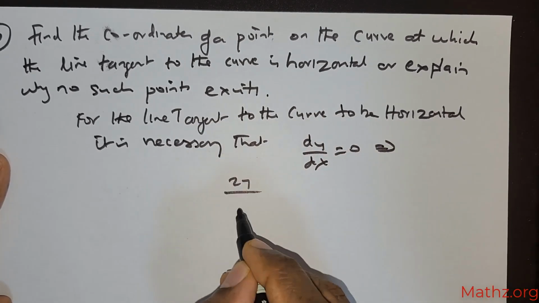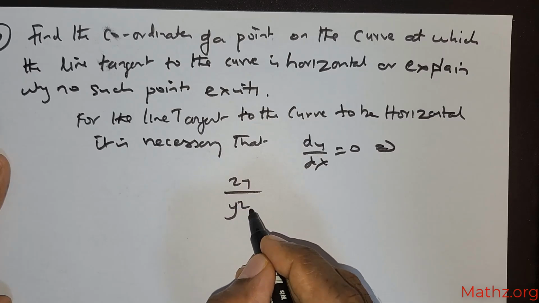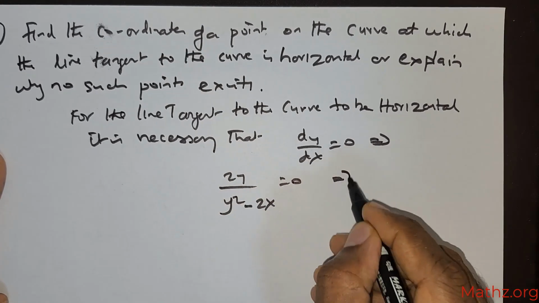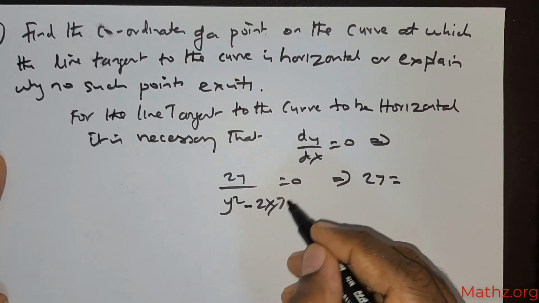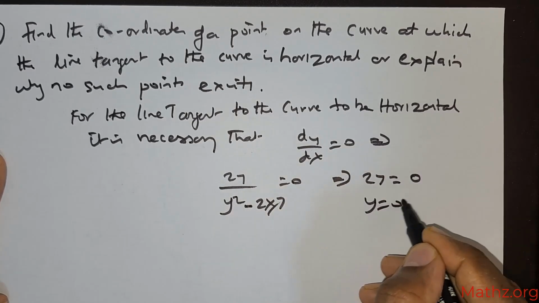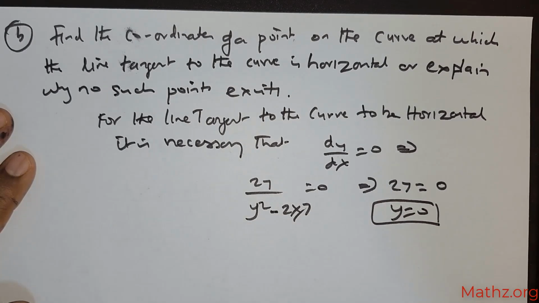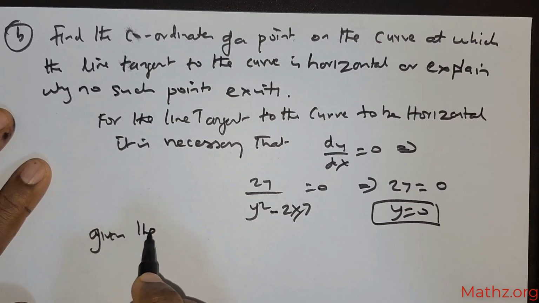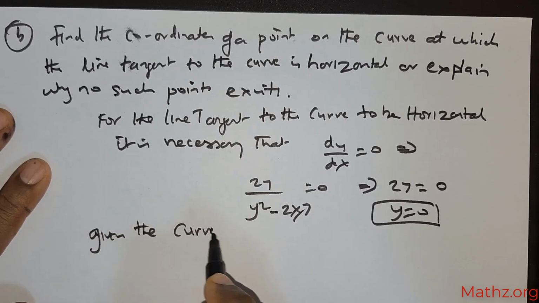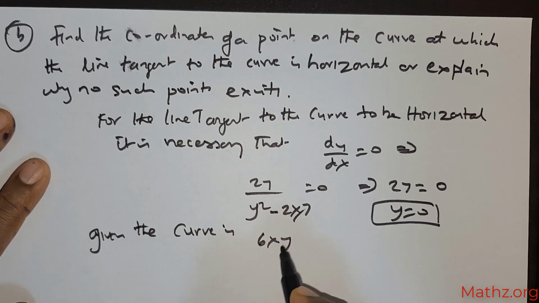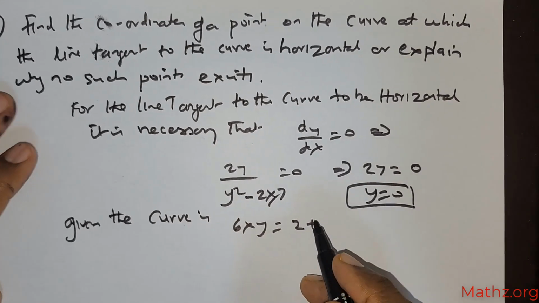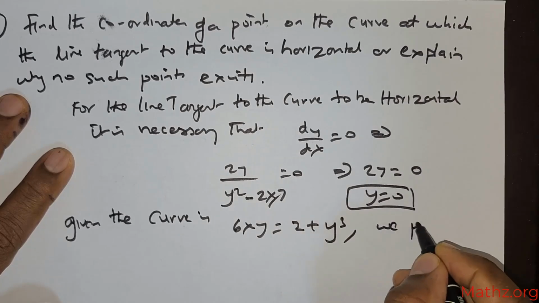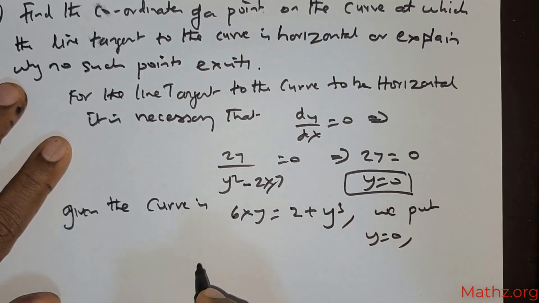This implies 2 times y, because we got this value, right? 2y over (y squared - 2x) is equal to 0. This implies 2y, you cross multiply, you get 0. So this means y is equal to 0. Now they are asking us to find the point. So given the curve 6xy = 2 + y cubed, we put y = 0.